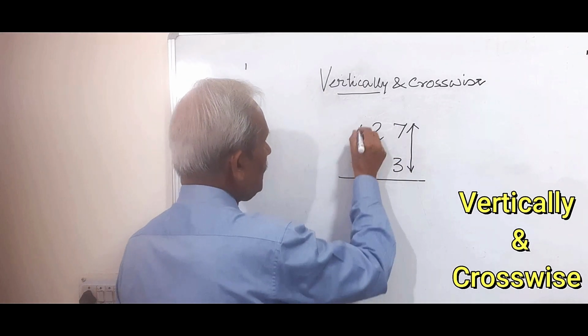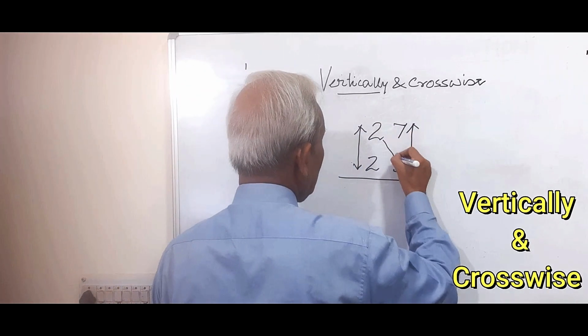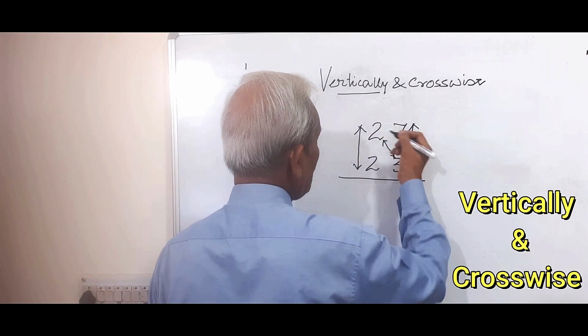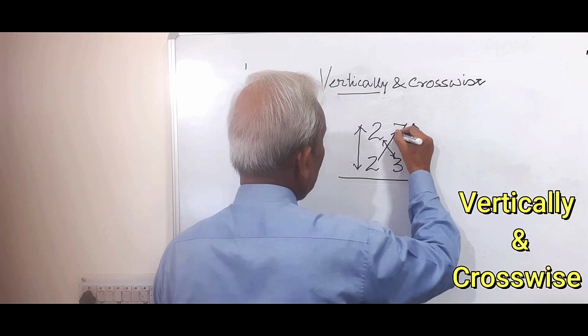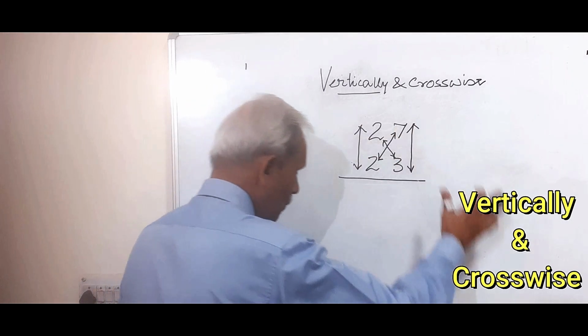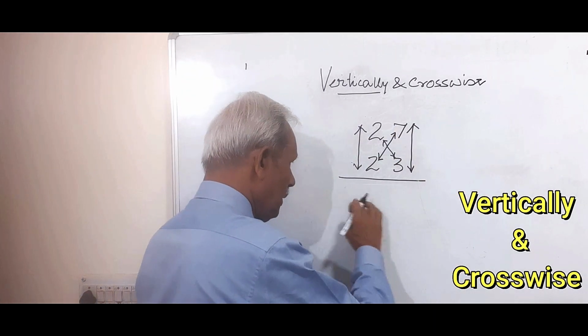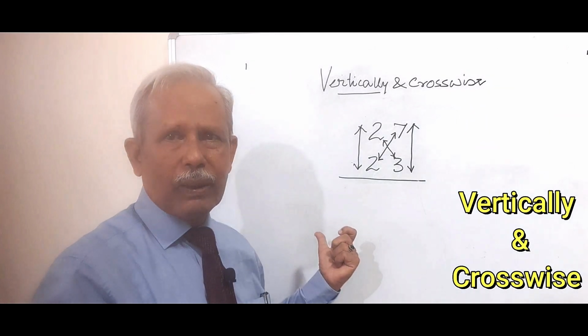This 2 into 2 is also vertical. And crosswise is this: when you multiply 2 with 3, it's crosswise. When you multiply 2 with 7, it's crosswise. So what we'll be doing is the multiplication straight away in one line, not in the conventional 2-3 lines.